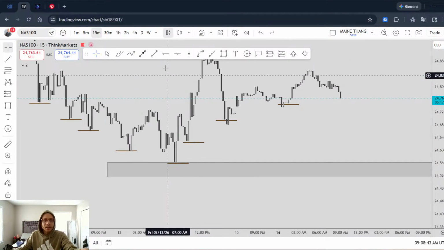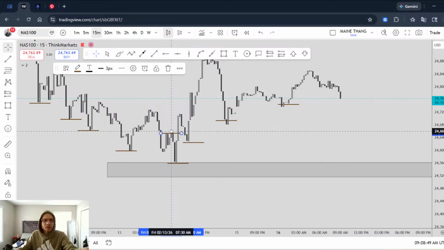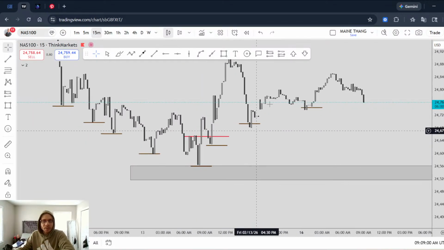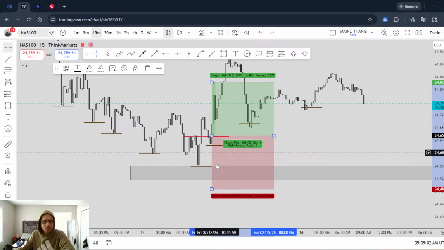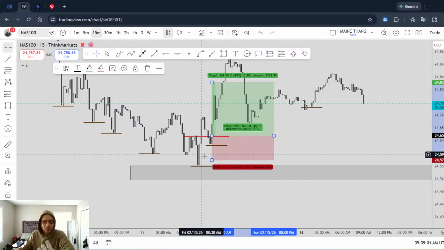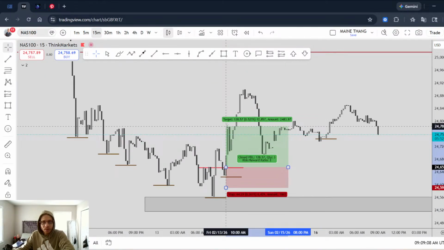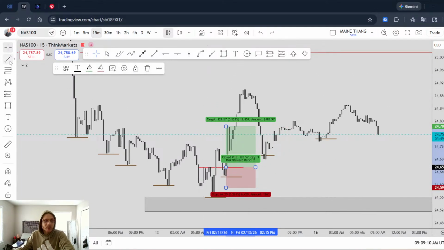If we were buying, we would want to see the break of structure here. Boom, we got a break of structure on the 15. Price corrected. And then the buy would have been here. And then we aim for the 1 to 2. That happened Friday.